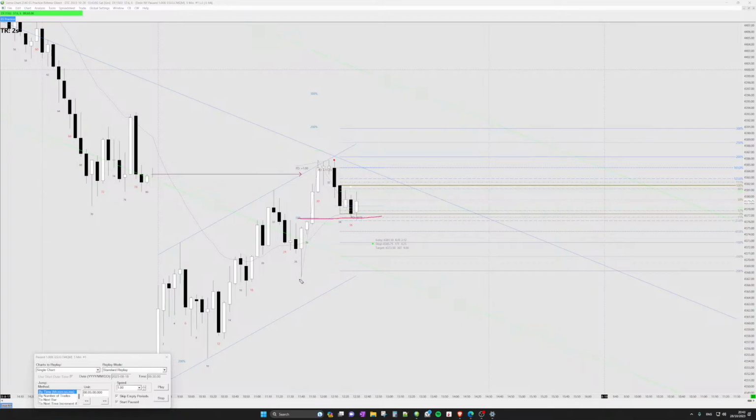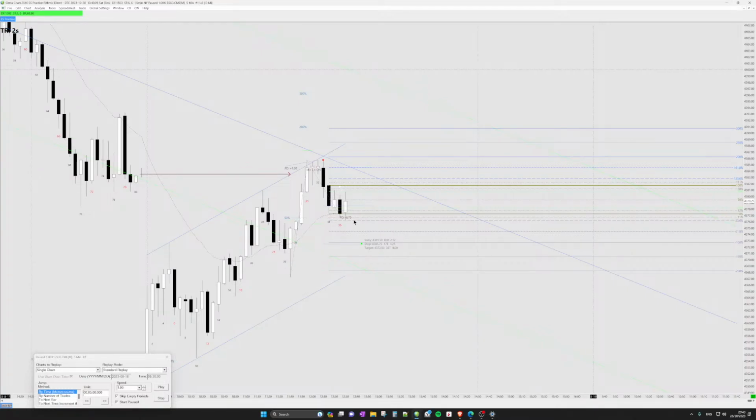It's testing the 50% of that climactic leg. If they're going to be drop buyers again, then it will be reasonable to look for a short for a second leg down.